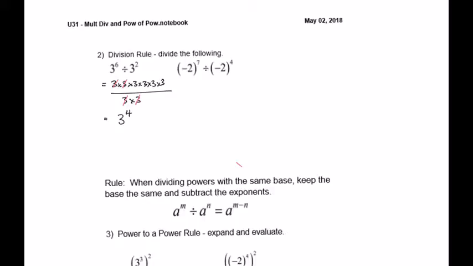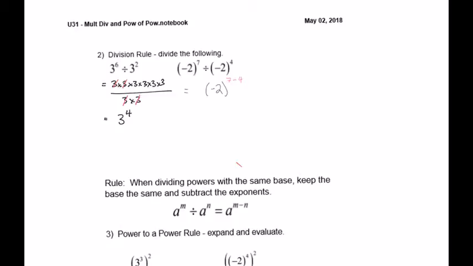So we have negative 2 to the 7 divided by negative 2 raised to the 4. Our base is negative 2, and we're just going to simply subtract the exponents. The front exponent is 7 and the second exponent is 4.